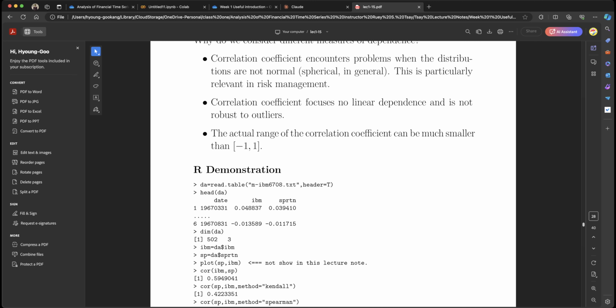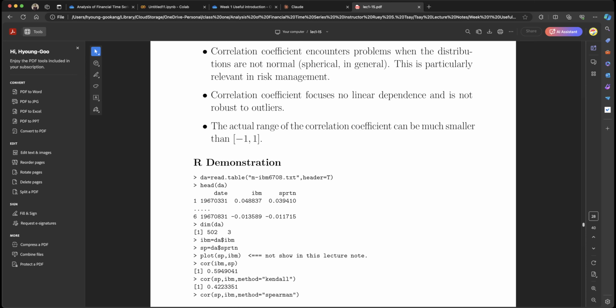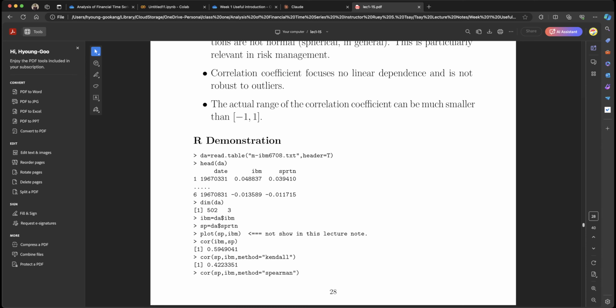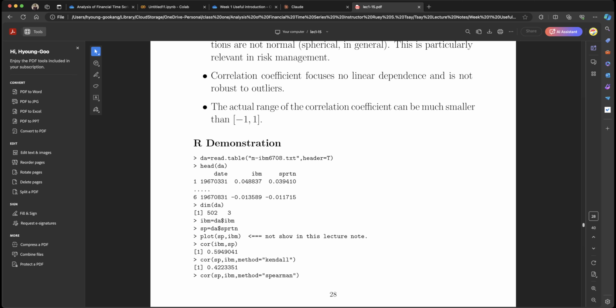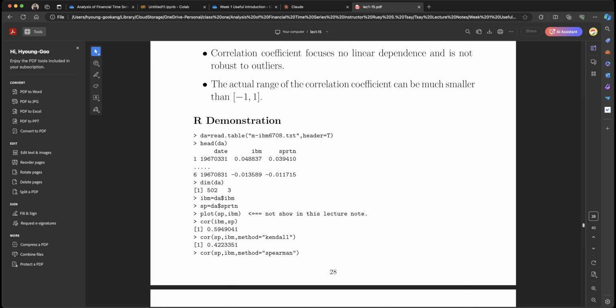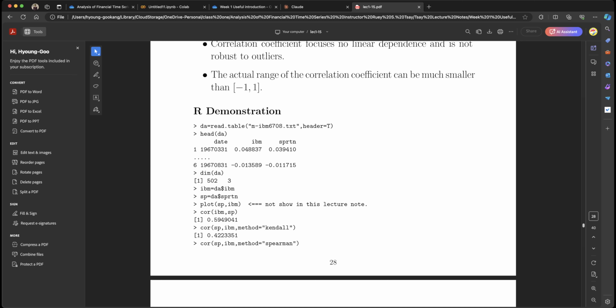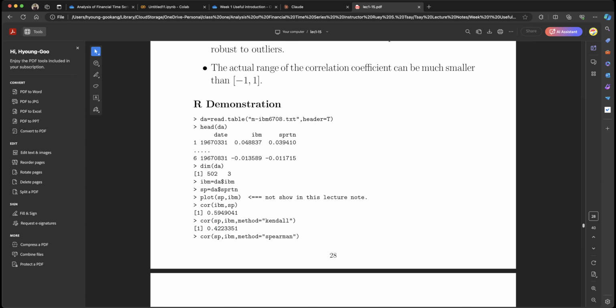Next, we have another R demonstration. Of course, you can transform this into Python, but here I won't do it. This is the way to calculate correlation, the correlation between S&P and IBM. Actually, we can try this one. Copy this one.